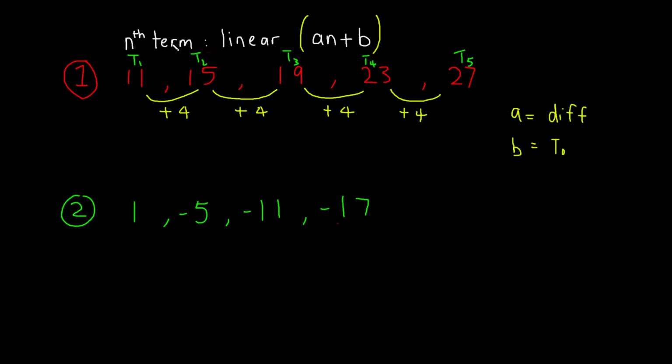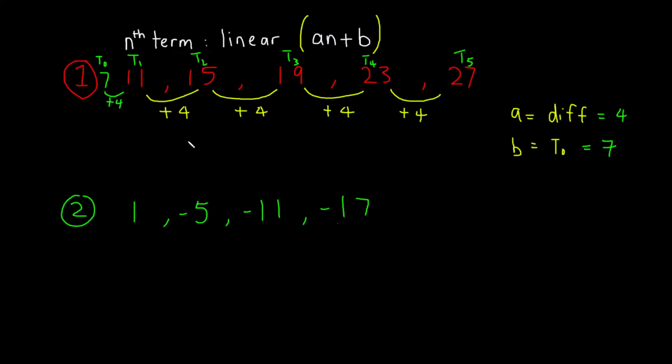To get your term 0, this number before 11, add 4, you will get 11. So this number is 7. Therefore, over here, your difference is 4, and term 0 is 7.